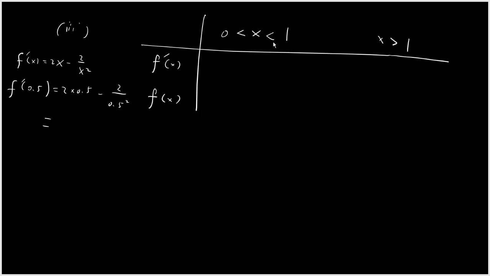Can anybody tell me this value? I believe the first number is 1, and then 2 divided by 0.25 is 8. So the answer should be -7. I do not care about the value, but the sign is negative, right?